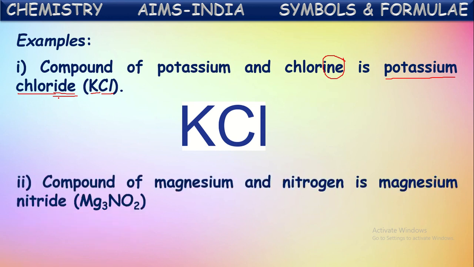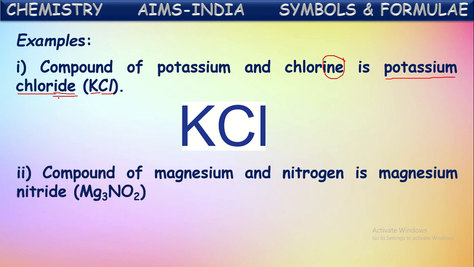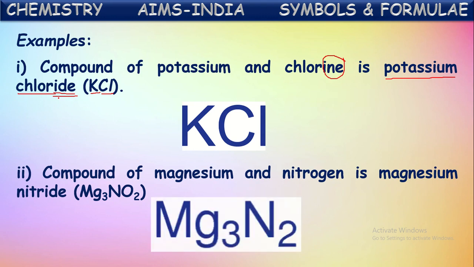Okay, let us see one more compound. The compound formed by the combination of magnesium and nitrogen is Mg3N2, sorry, it is Mg3N2. Now in this, the metallic part is magnesium. So magnesium is written as it is, magnesium.